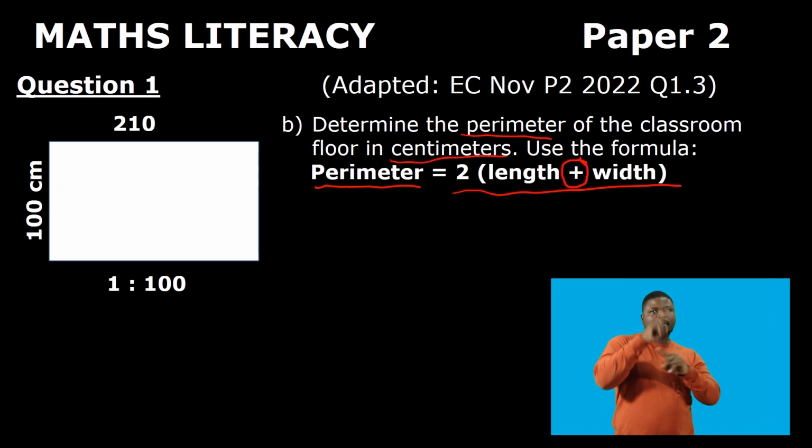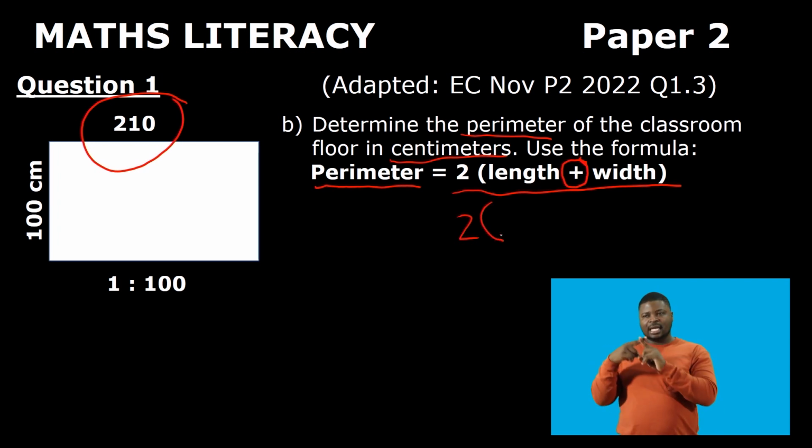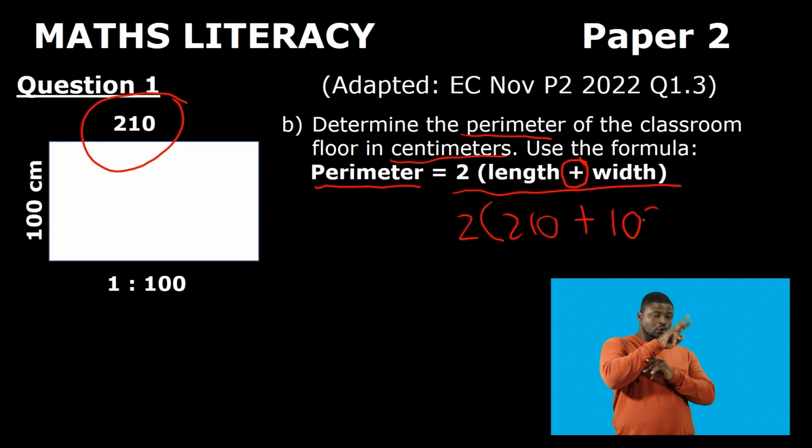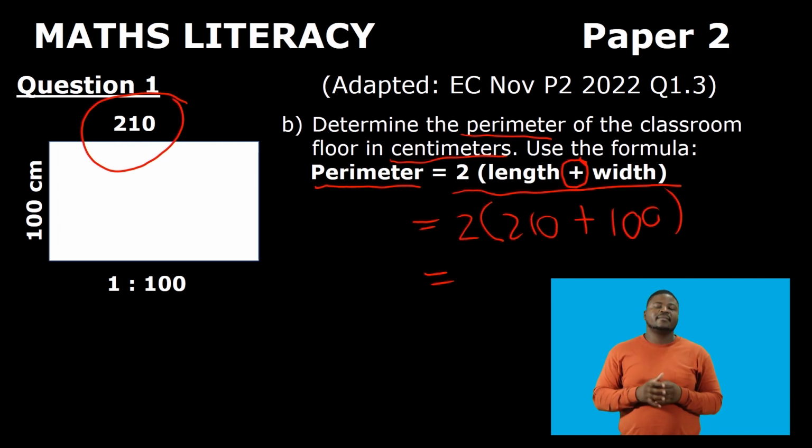So what do we need to do here? The only thing you need to do is substitute. That will be 2 times (210 plus 100). Then you punch it into your calculator and you get the answer. Just double check what you punch in so that you don't make a mistake.